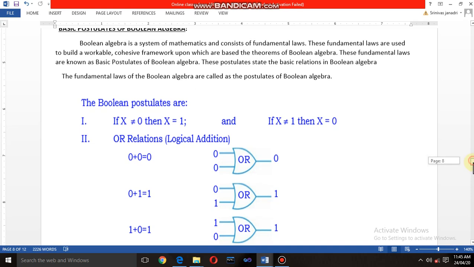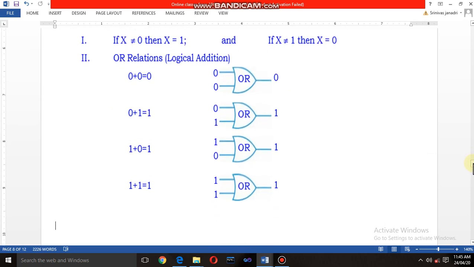And we have OR relations. Not much information is needed, I hope, because you know the OR operation and OR gate. For OR relations, when 0 is ORed with 0, we get a 0.